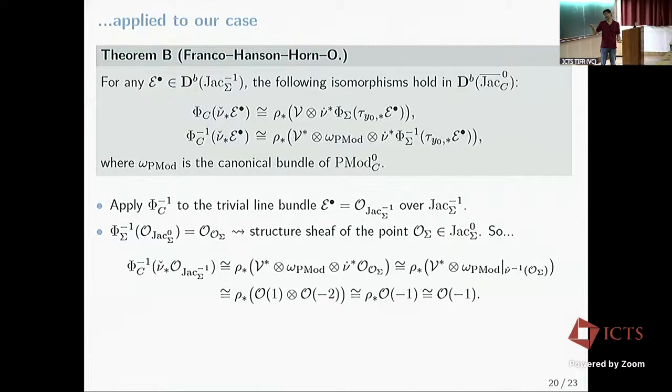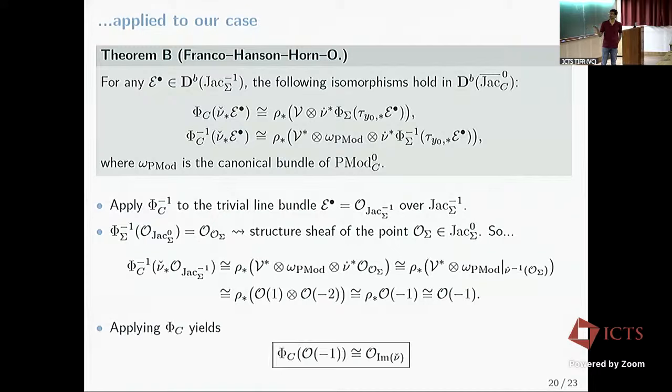And one thing that I didn't say, but it's true, is that the canonical bundle of the parabolic modules restricted to a fiber goes to the canonical bundle, so it's O(-1). So I get really O(-1). I said it's O(-2), but now what I get is really O(-1). So now I apply the usual Fourier-Mukai, it cancels, and what I see is that the Fourier-Mukai transform of this sheaf is the trivial sheaf over the image of this embedding, right?